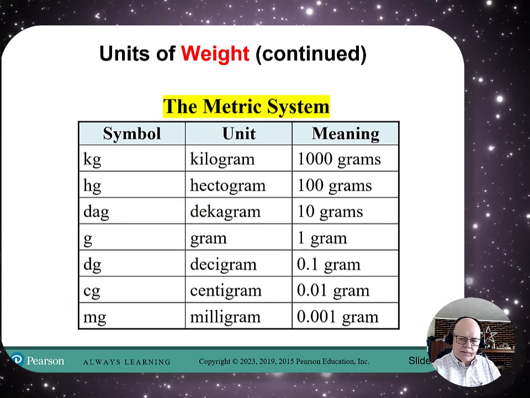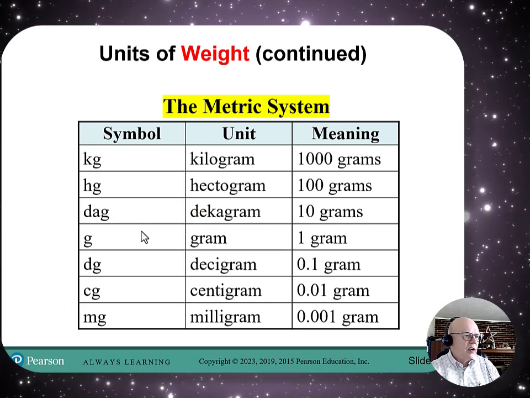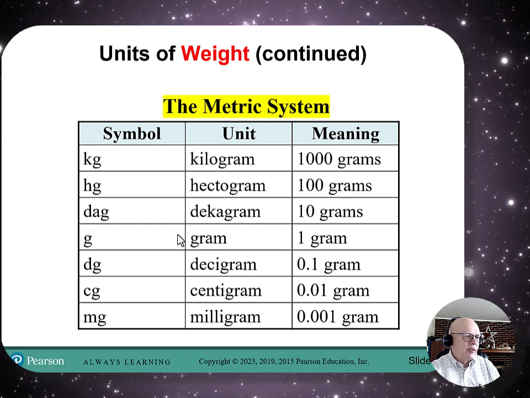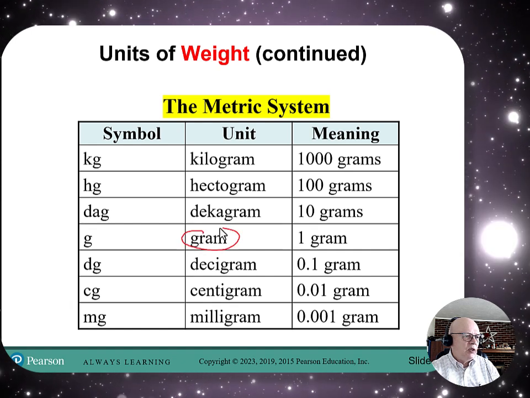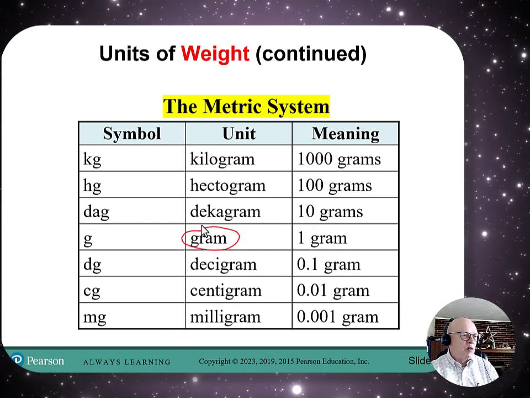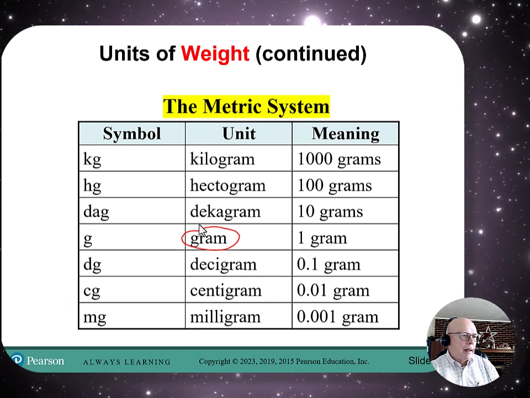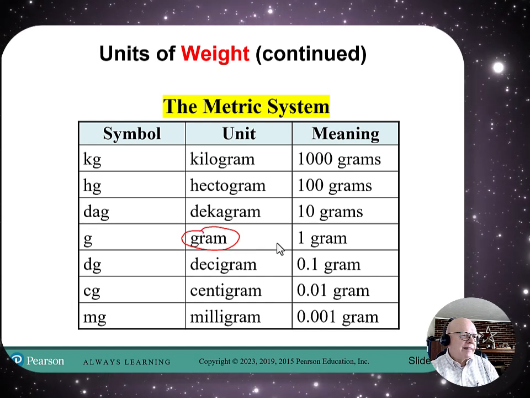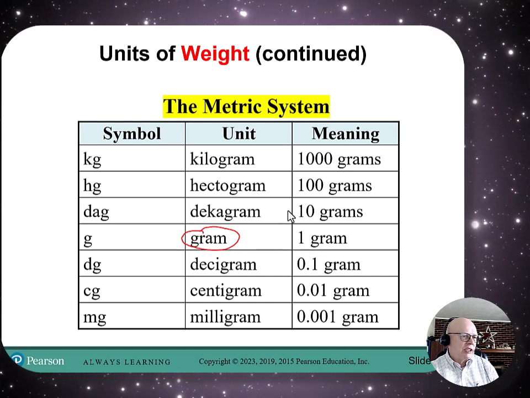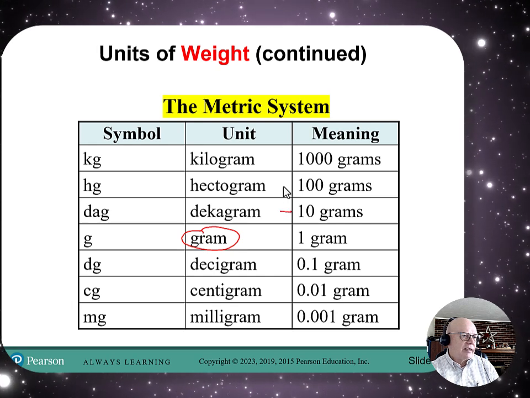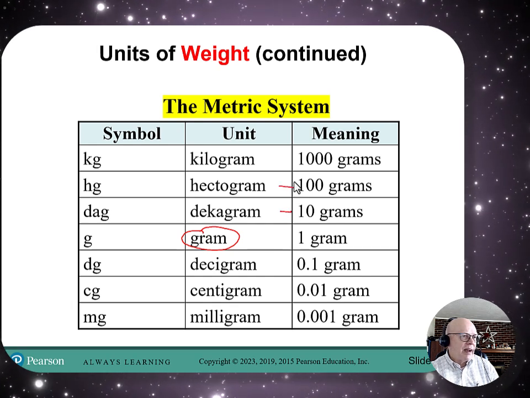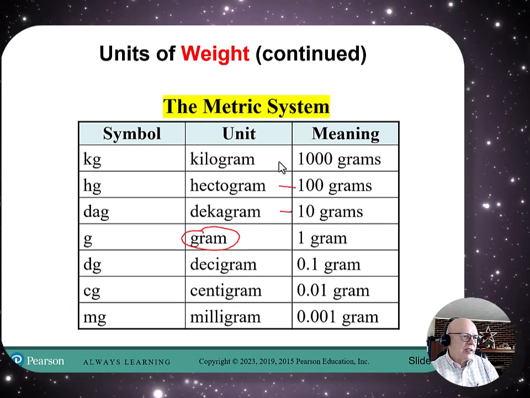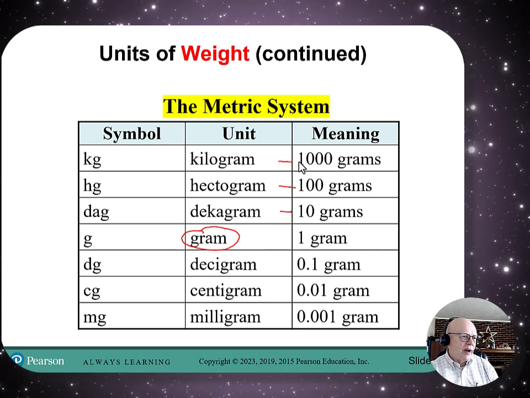All right. So what we're talking about here is grams. That's the basic unit of, we're going to say, weight. Larger weights in terms of 10 times as much, decagram. 10 times that, hectogram. 1,000 times a gram, a kilogram.